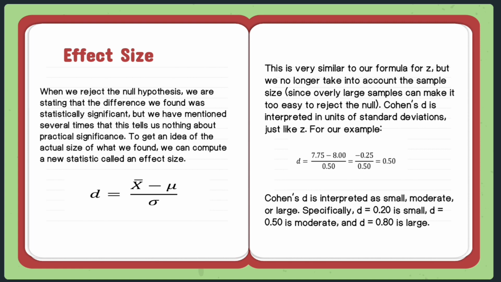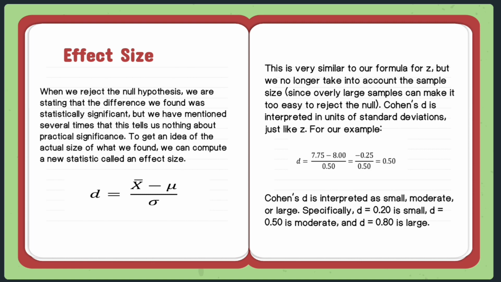Cohen's d is interpreted in units of standard deviation just like Z. For example, ang kaning diri ay the mean na 7.75 minus sa 8.00 is equals sa 0.25. Unya, ano nimo siya sa 0.50 which is ang answer niya is 0.50.